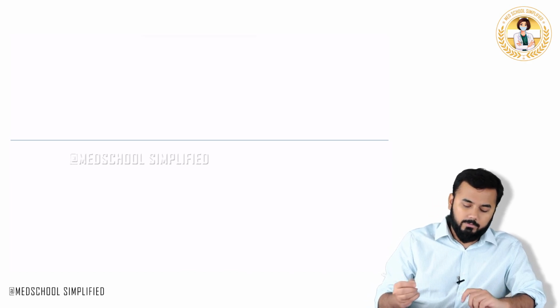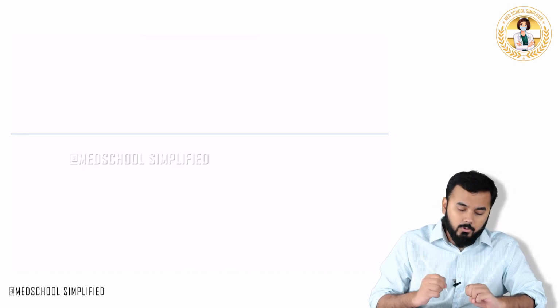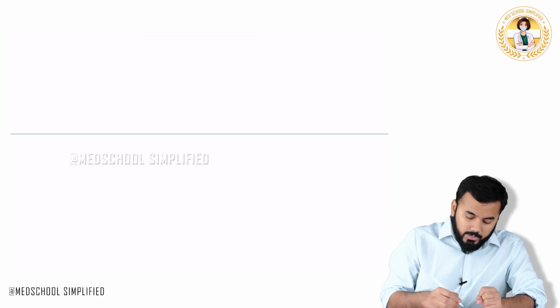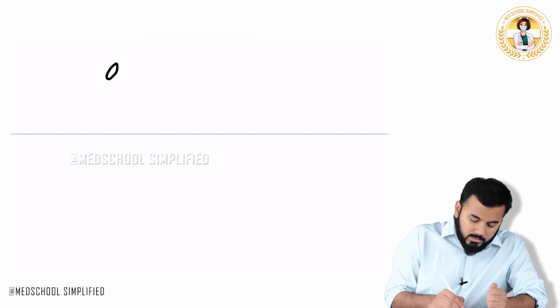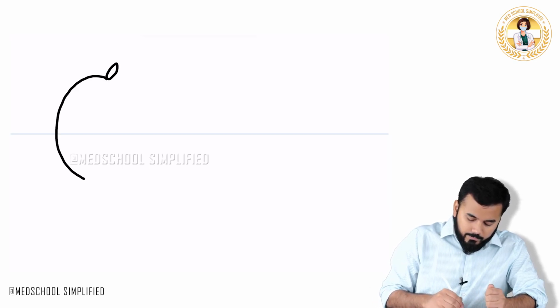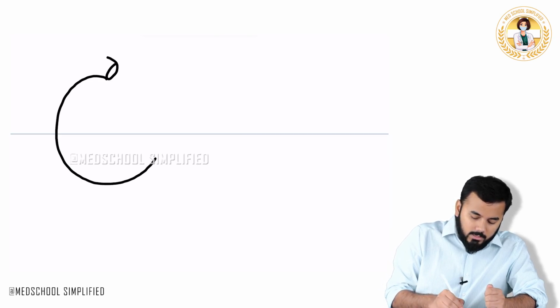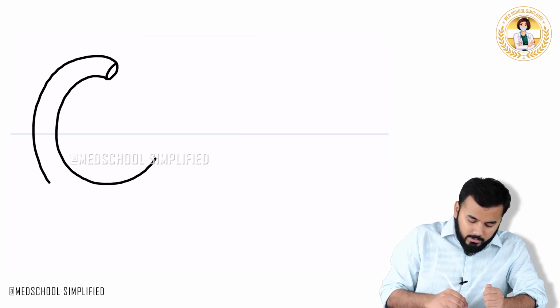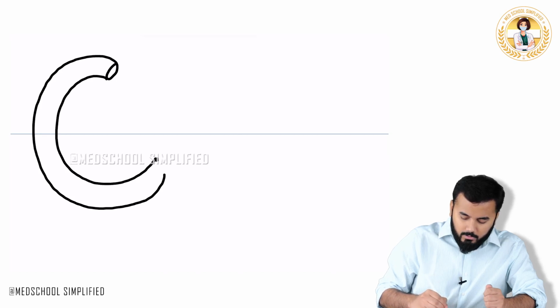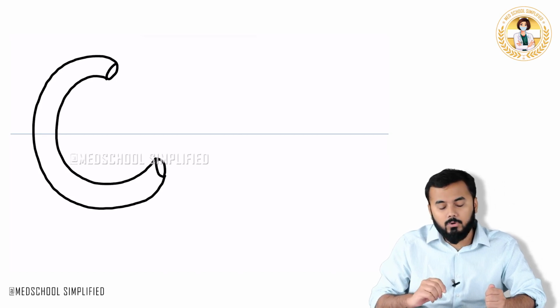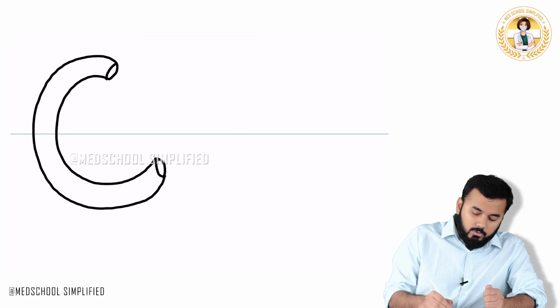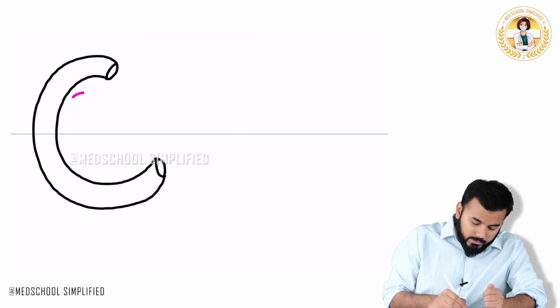Now in this acute pancreatitis, first important thing is, see, this is the duodenum over here. All of you know that the pancreas is located in the loop of the duodenum. So this is the duodenum, and exactly here you have your pancreas.